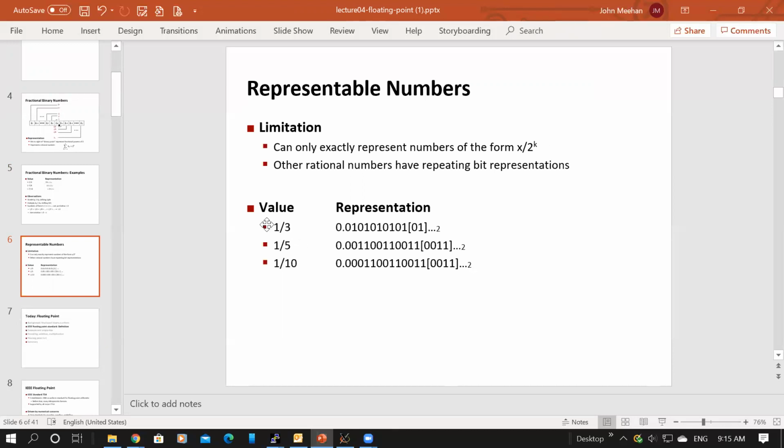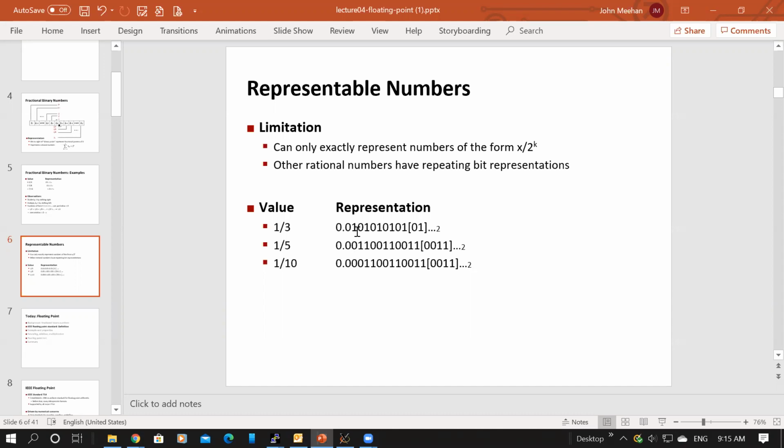So our buddy a third here, we've got a fourth plus a 16th plus a 64th plus a 256th plus a 1 over 1024th.